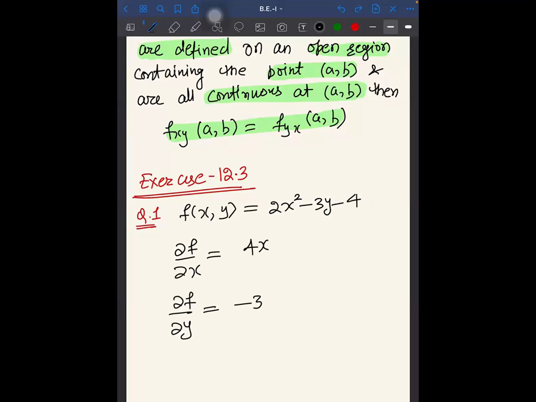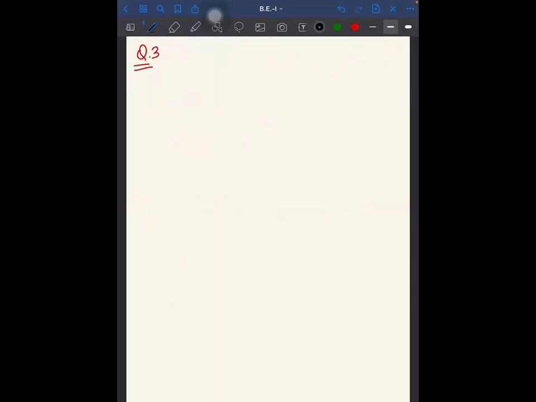Okay, so next one is question number 3. f(x, y) is equal to (x² − 1)(y + 2). So if we want to find the partial derivative of f with respect to x, then we know that this entire portion will be treated as constant.